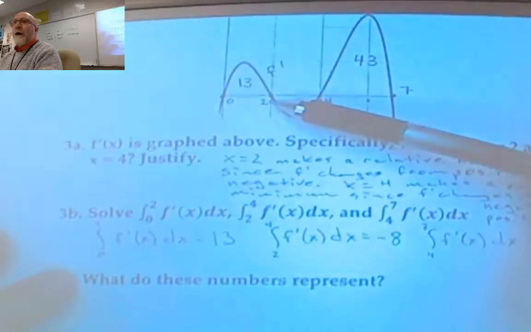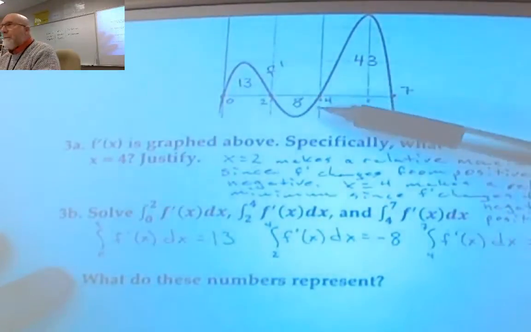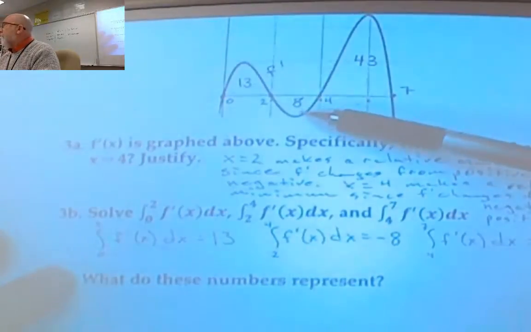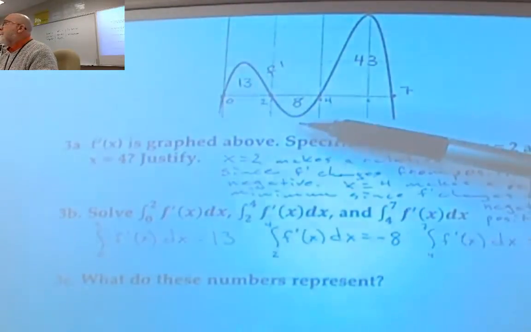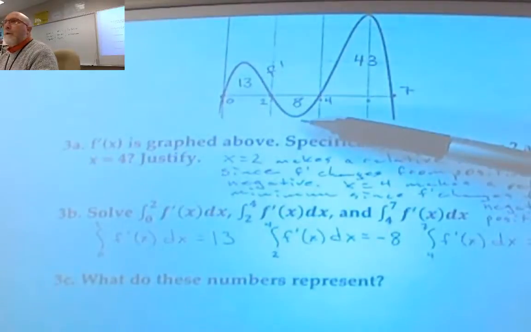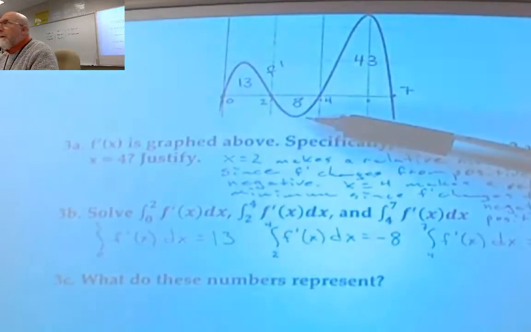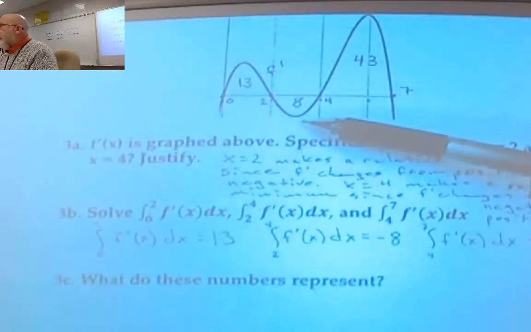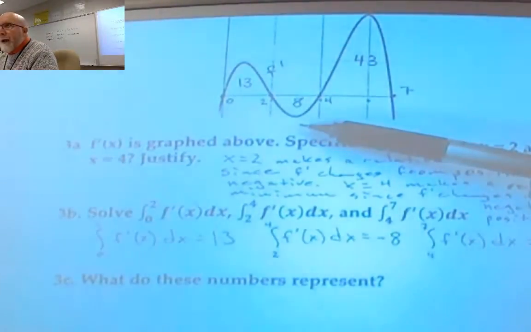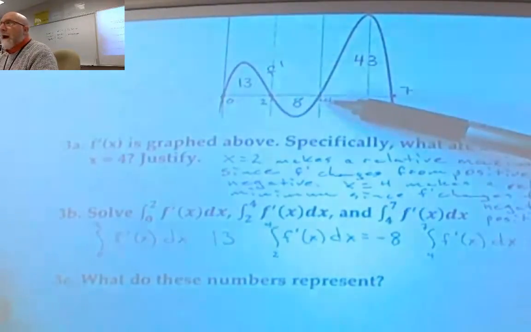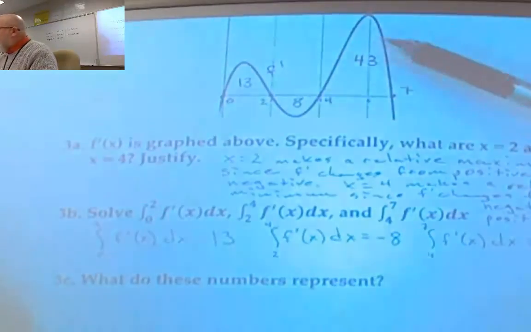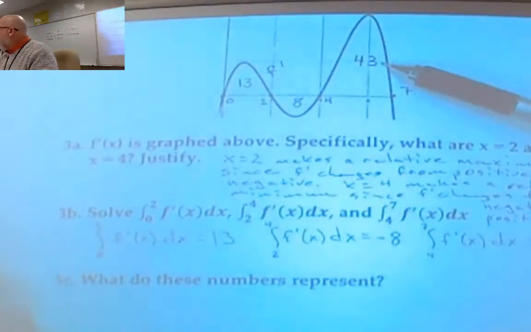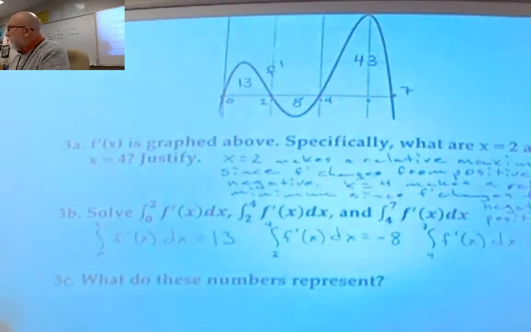And then it turned around, and what happened here? This represents how far it went the other way. How far it decreased. How far it went back. And then it turned around again and increased, and that represents the amount of increase. So what do these numbers represent?